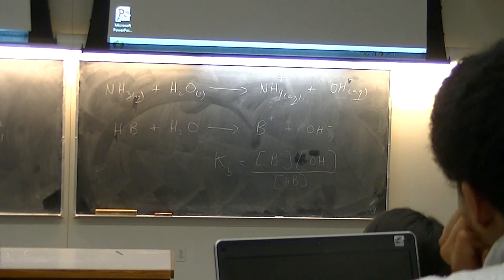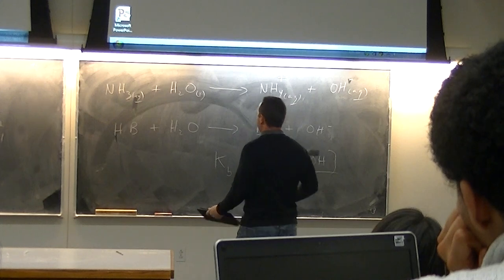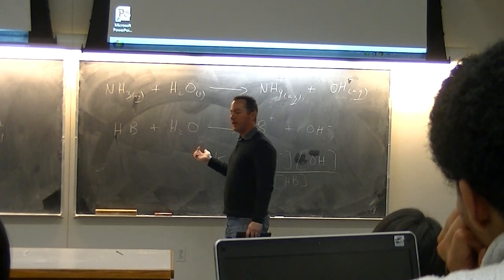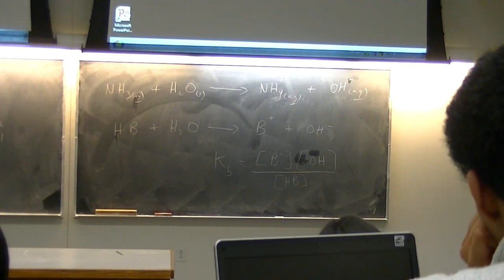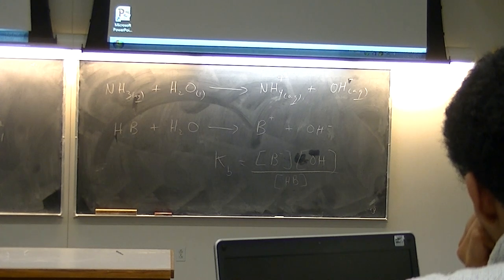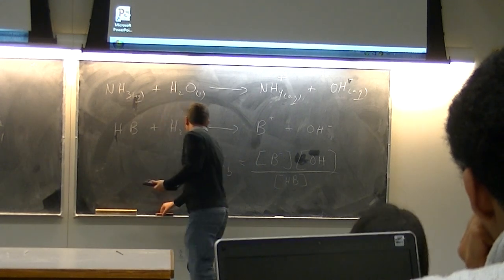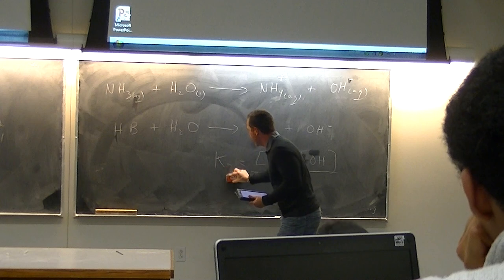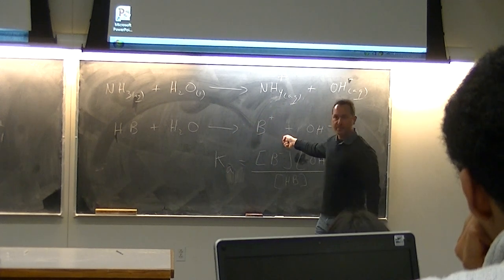So you probably remember all this. We can express this as the Kb, the basic equilibrium, or we can calculate the acidic equilibrium as well if we have an acid. I'm sorry, I actually made the Ka. This is the acid equilibrium.